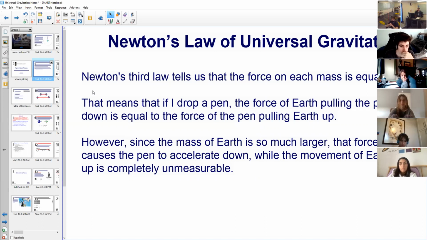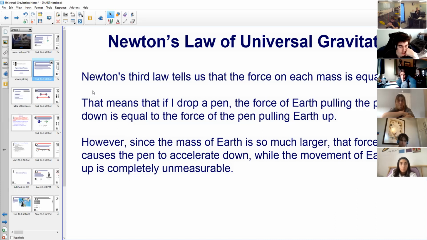up is completely unmeasurable. So we've talked about this before, that Newton's third law sometimes feels weird to think about. It feels illogical, but in reality, if we stop and recognize that it's just another application of Newton's second law, that it's just force equals force, or ma equals ma. If their masses are very different, their accelerations are going to be different, right? Because ma equals ma.